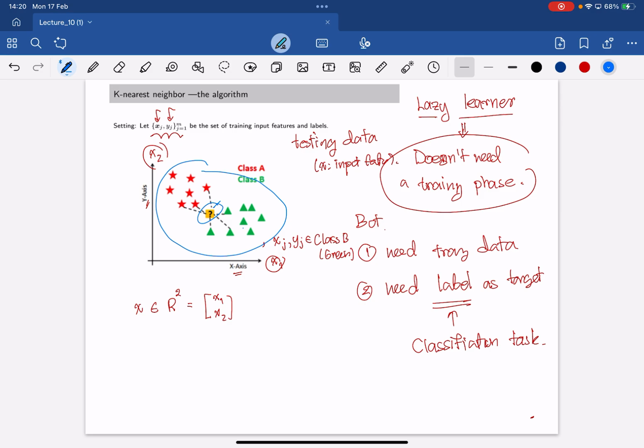For example, if more data points belong to class B, very likely this one will be classified as class B. But if we scope our neighborhood down to just one, the closest to it is class A.